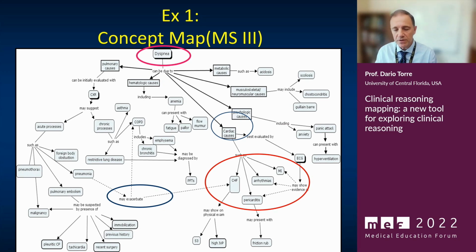It occurs between two different domains of the map, and again, it reflects a higher knowledge organization and knowledge representation on the part of the student, who is able to connect pneumonia as a precipitating factor for heart failure. So this shows you the role of the linking words and what we mean by a cross-link among different sections of the map.